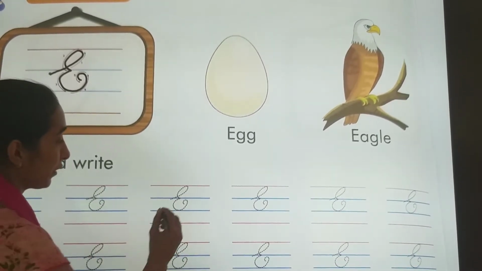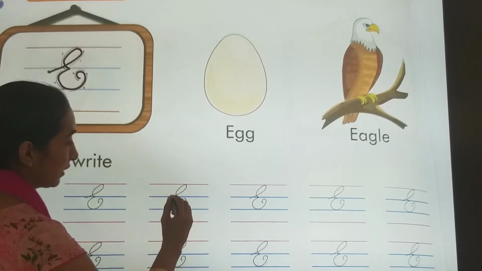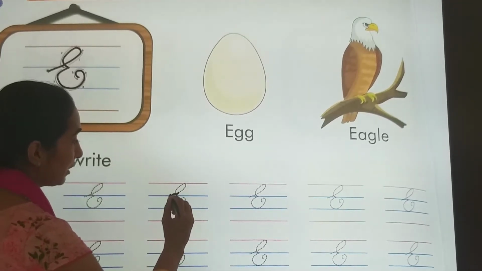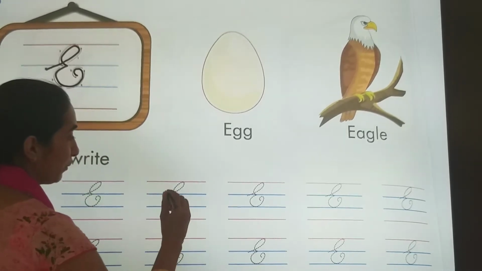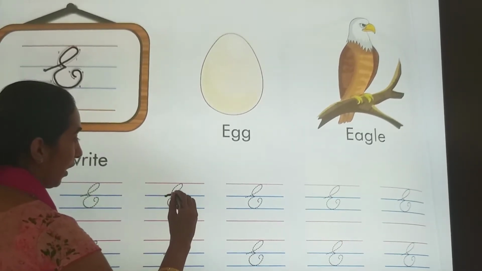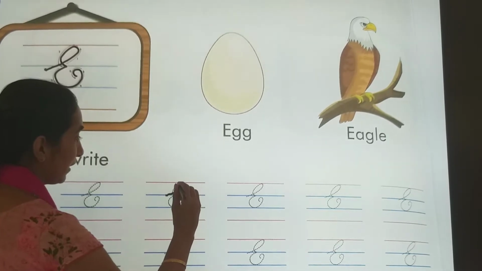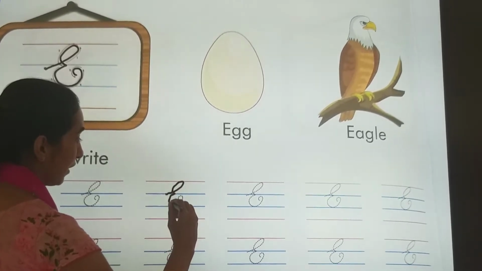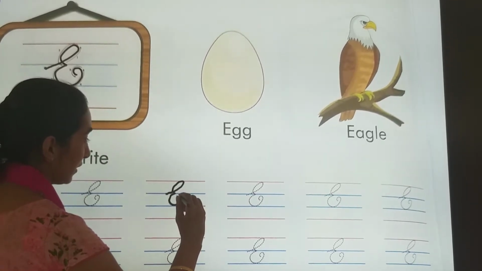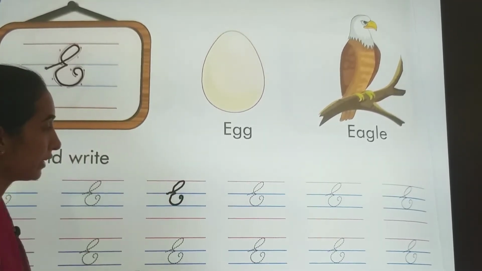Where will we start from? This blue line. From the first blue line, go up to the red line, take a curve, and this is E.